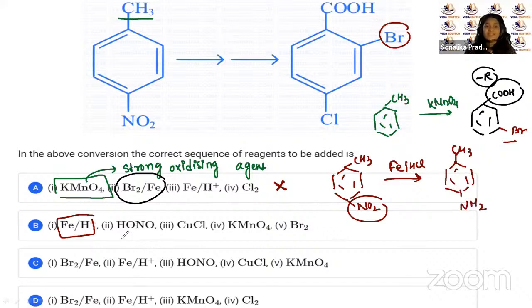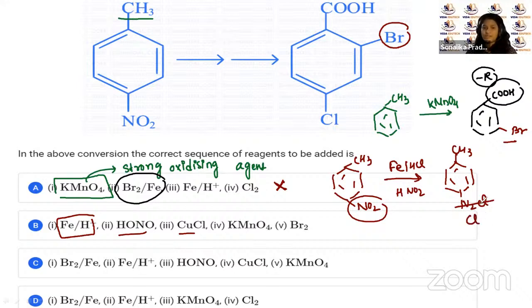Okay. Then we have HNO2. So this, children, is going to undergo diazotization. When it undergoes diazotization, you are going to have N2Cl. When you have N2Cl, this one is going to get converted with CuCl. So here you will have chlorine.